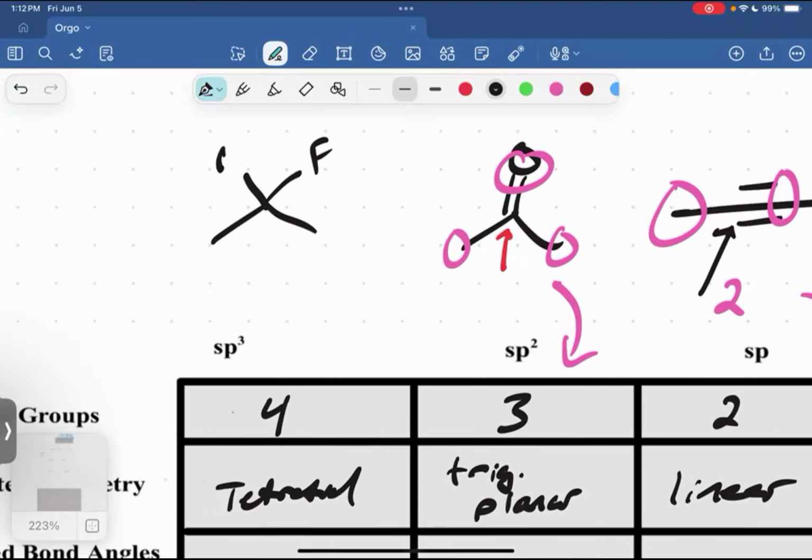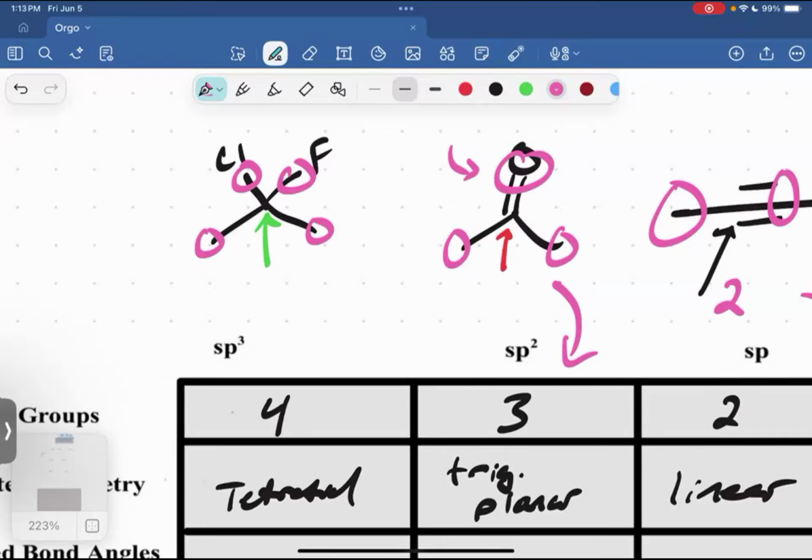Let's just make something up about that carbon. How many groups are coming off of that carbon? One, two, three, four. Not bonds, groups. As you can see, that double bond is a group.